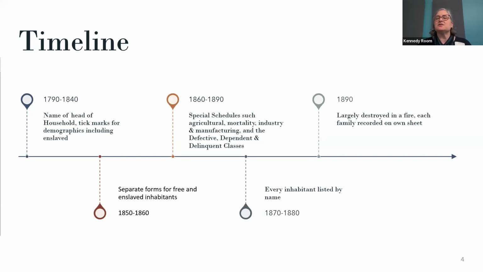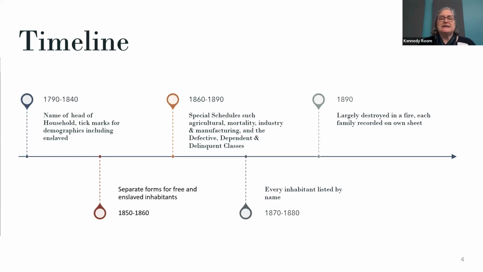A census form is called a schedule. So if you hear me say schedule tonight, that's what it means. And then in 1860 through 1890, there were some special schedules, such as agricultural, mortality, industry and manufacturing, and the always popular defective, dependent, and delinquent classes. I don't have an example of that one tonight, but I have examples of some of the other schedules.